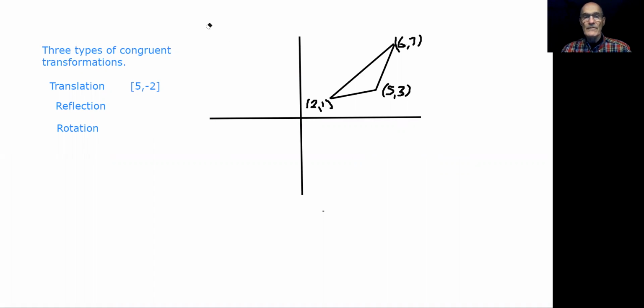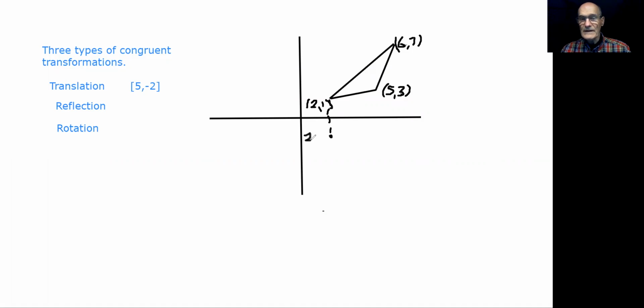Now, I can reflect about the x-axis, or I can reflect about the y-axis, or I can reflect about the line y equals x. If I reflect about the x-axis here, for instance, I would come down vertically to a point right underneath.